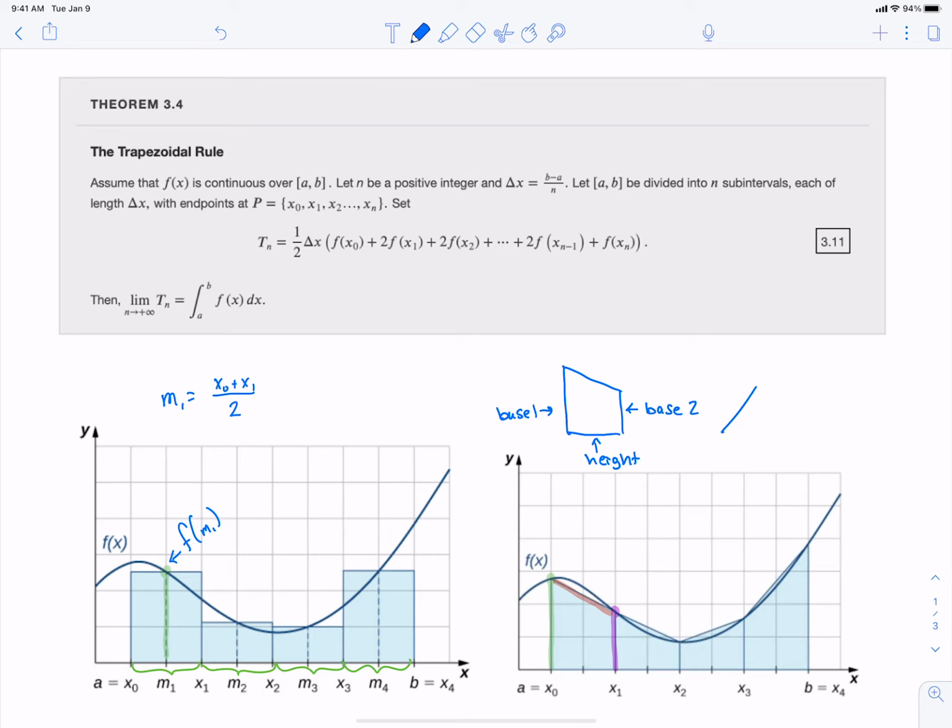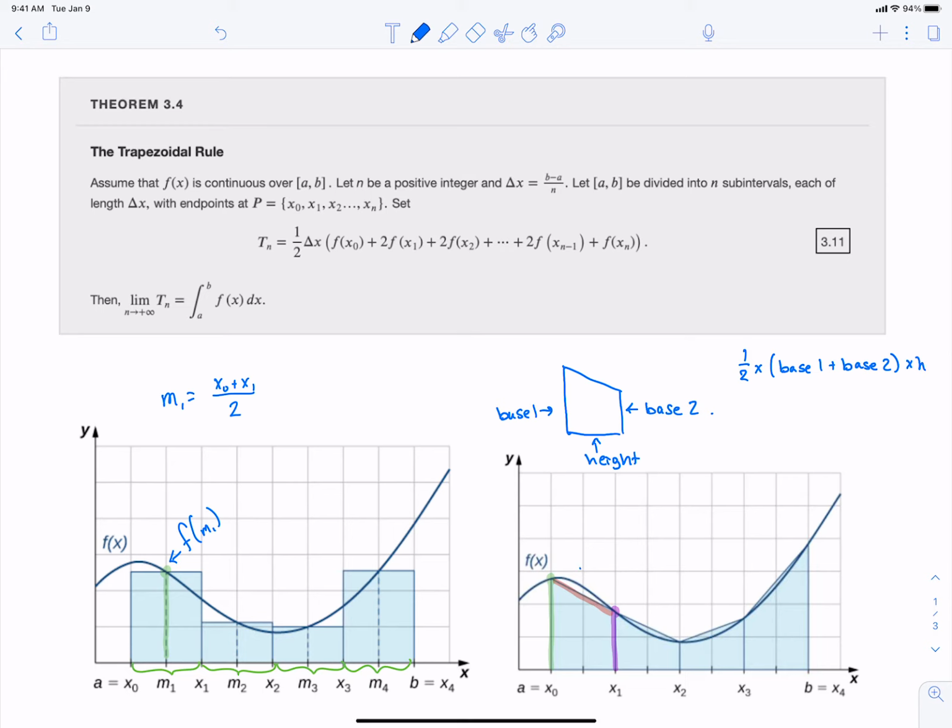It's literally a trapezoid that would have been sitting like that, turned 90 degrees onto its side. Because the area of a trapezoid is 1/2 times base 1 plus base 2, times the height.